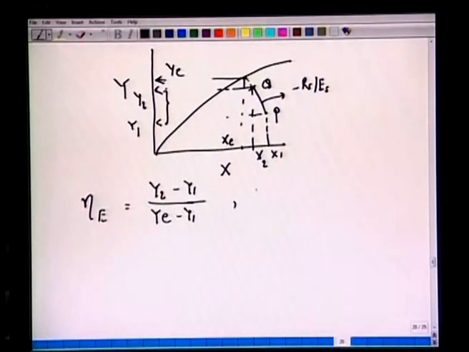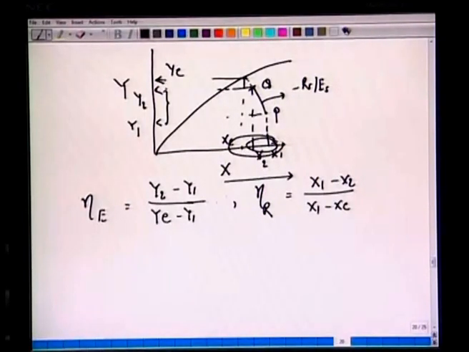So all we have done, we extended this line Q to hit this equilibrium curve, from where we get this ye. Similarly, we can define the efficiency based on R phase on this x basis, which should be equal to x1 minus x2, actual separation, over the maximum we can have, x1 minus xe. So both efficiencies are defined in case of these stagewise processes or contact process or continuous contact process.